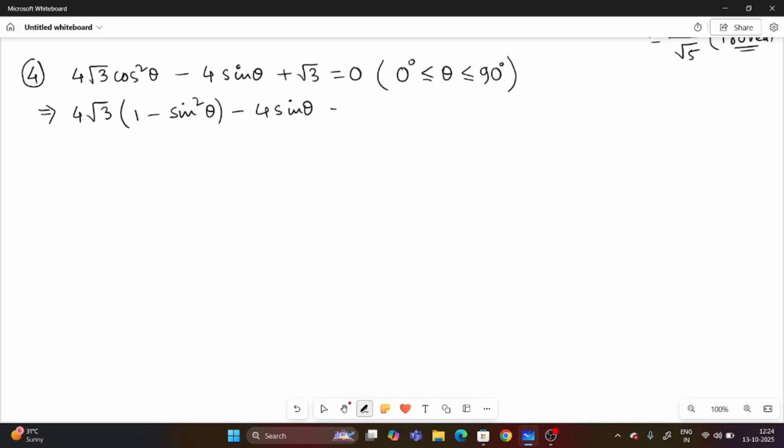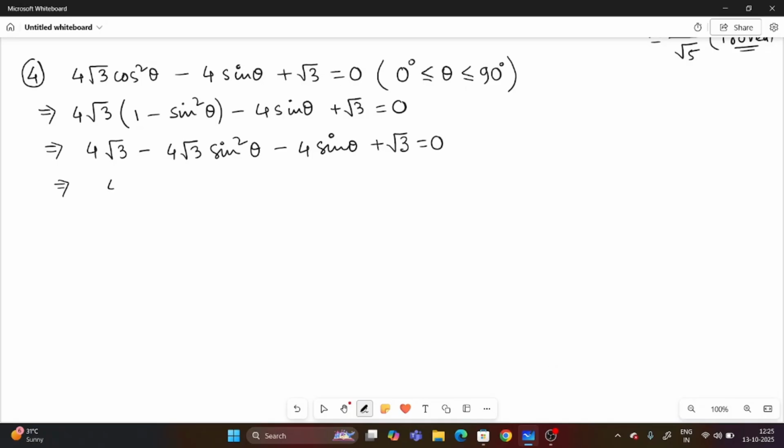The remaining terms are minus 4 sin theta plus root 3. Now open the bracket: 4 root 3 minus 4 root 3 sin square theta minus 4 sin theta plus root 3 equals to 0.